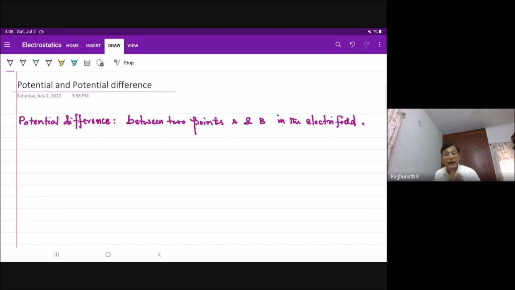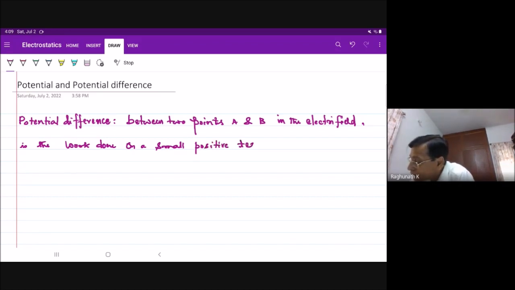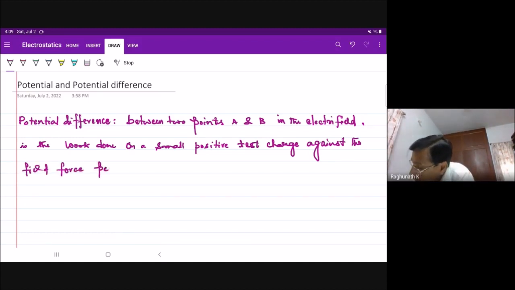Okay, electric field is the work done on a small positive test charge against the field force per unit of the charge.